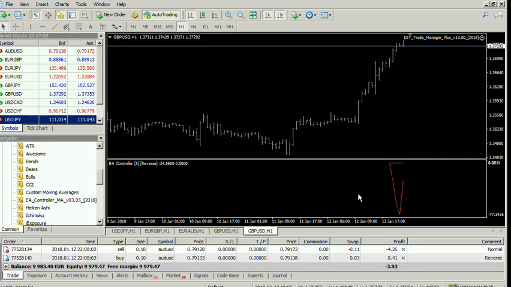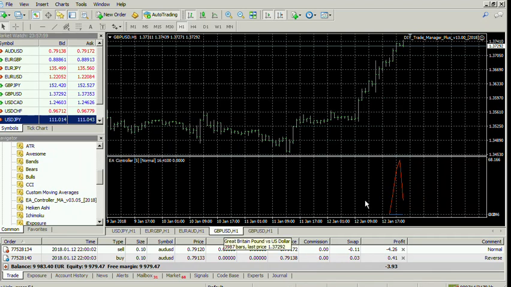Now, as we progress, and as the trade manager starts to work, because we're almost up to our 5th trade, these 2 graphs, this one and this one, will start changing, and we'll see which version is profitable at which period.